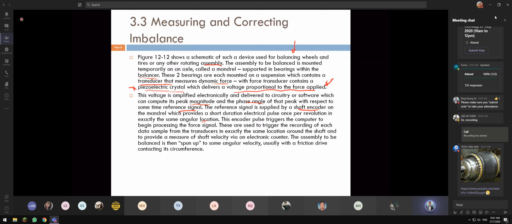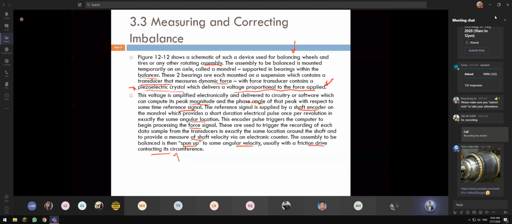This encoder pulse triggers the computer to begin processing the force signal. These are used to trigger the recording of each data sample from the transducer in exactly the same location around the shaft, and provide a measure of shaft velocity via electronic counters. The assembly to be balanced is then spun up to some angular velocity, usually by a friction drive contacting its circumference.